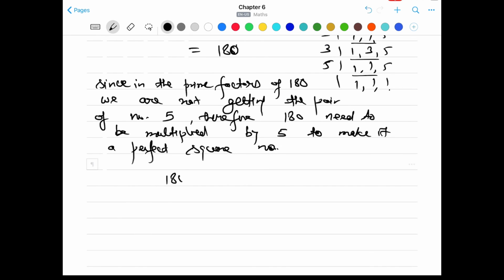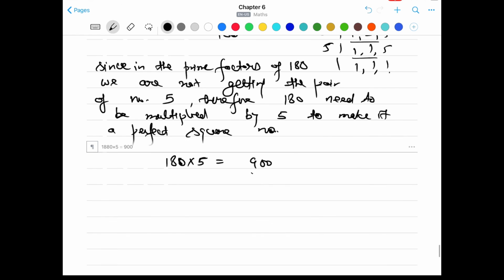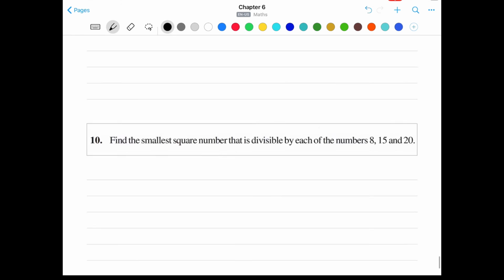That is 180 into 5 is equal to 900. Okay, so 900 is that perfect square number.